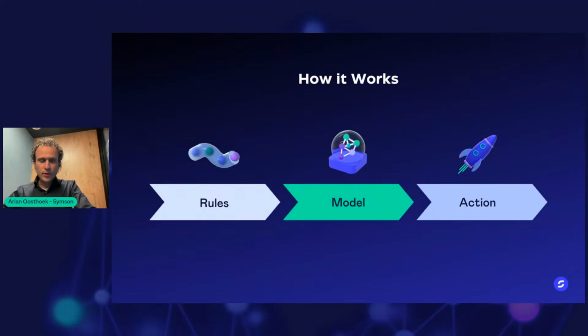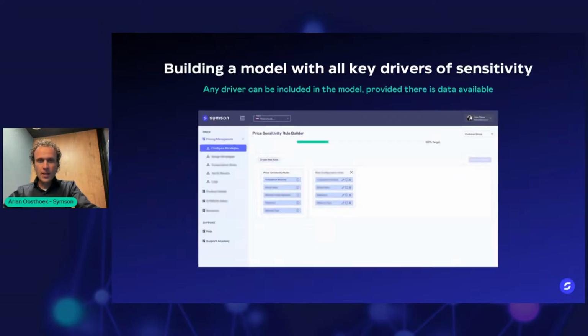So how does it work? The model part. We build a model based upon the input you have as a company, and we let you as a company come to one consensus of how important each driver is.